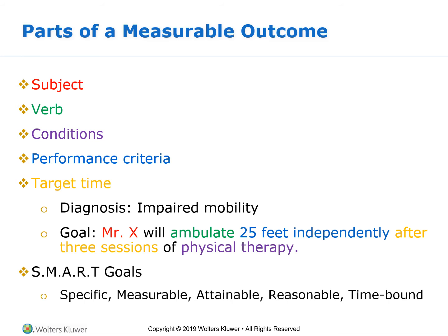So before discharge, the patient will ambulate independently the length of the hallway and back using a Philadelphia collar to support cervical vertebrae. If you think about the acronym SMART, remember that the goals have to be specific, measurable, attainable, reasonable, and time-bound.